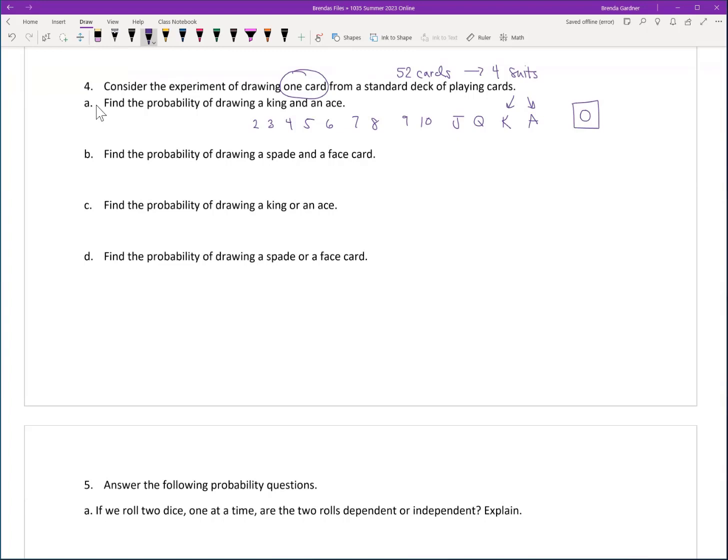What's the probability of drawing a spade and a face card? So these are considered faces: a jack, a queen, and a king. If you had the cards in front of you, you would literally see faces on them, like people. And so those are considered faces. So spade is a suit.